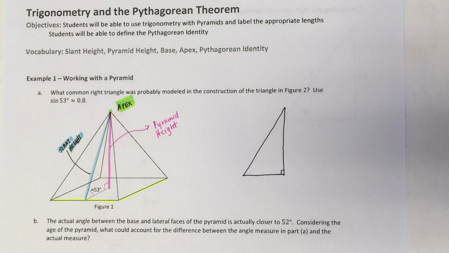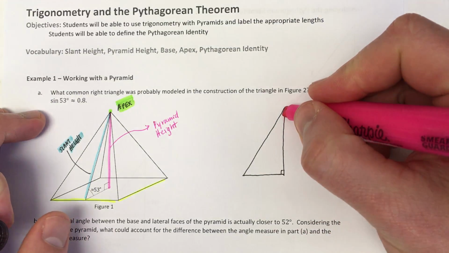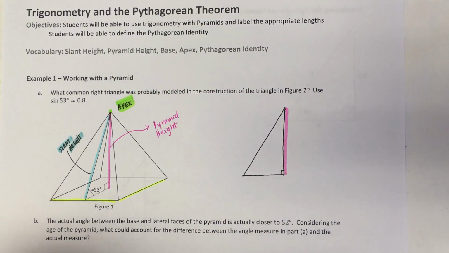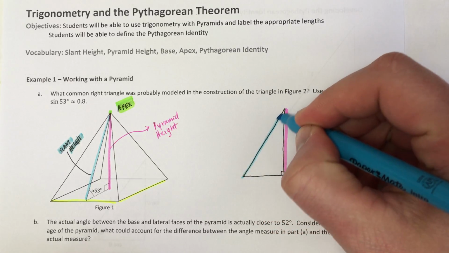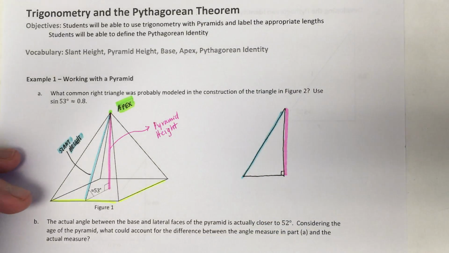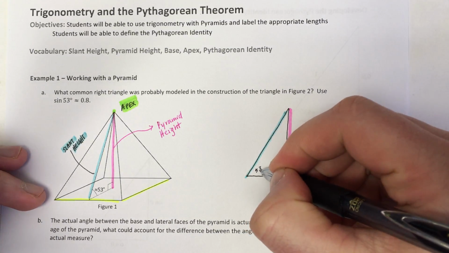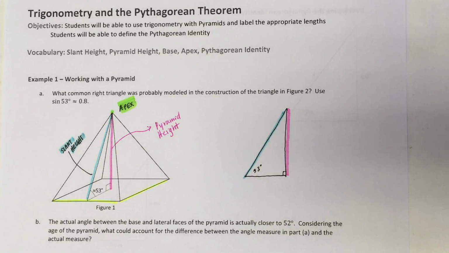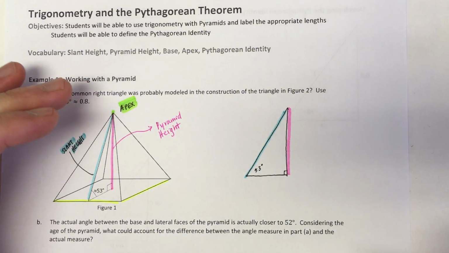And so let's go back and label. This is your pyramid height. This happens to be your slant height. This is 53 degrees as described by the image. And the last bit, you'd be like, well, why don't we highlight the bottom part in yellow?